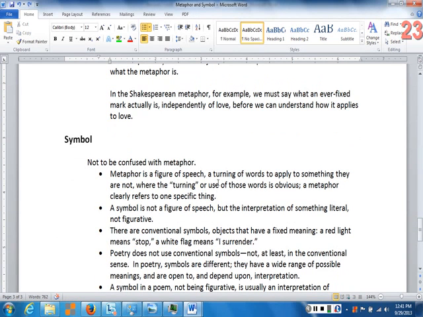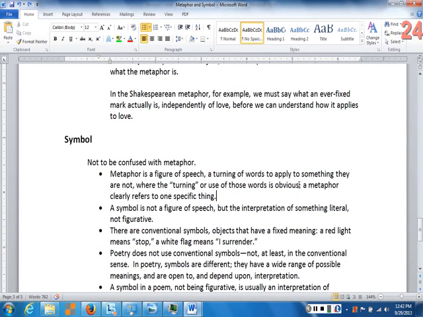But with a metaphor, we always know that the use of those words as a metaphor is obvious. We know that that ever-fixed mark is meant by Shakespeare to refer to love. It is an ever-fixed mark. There's no confusion there, right?